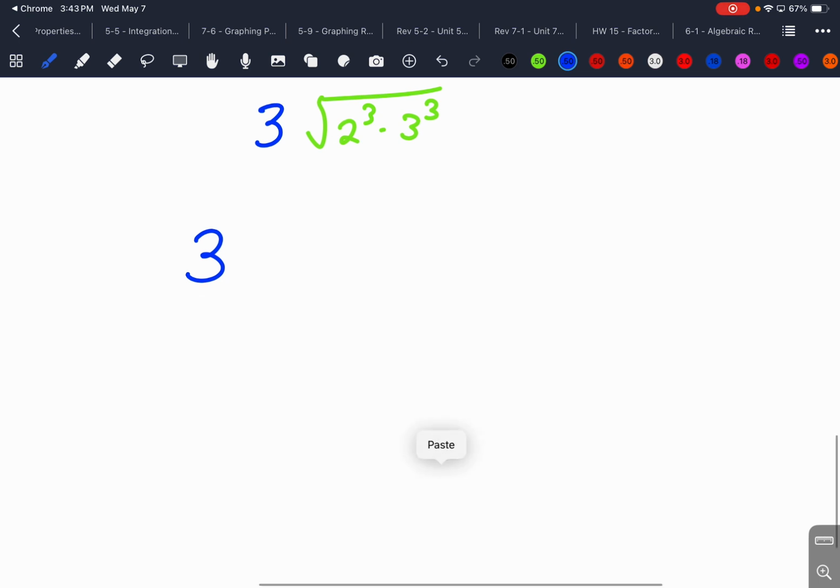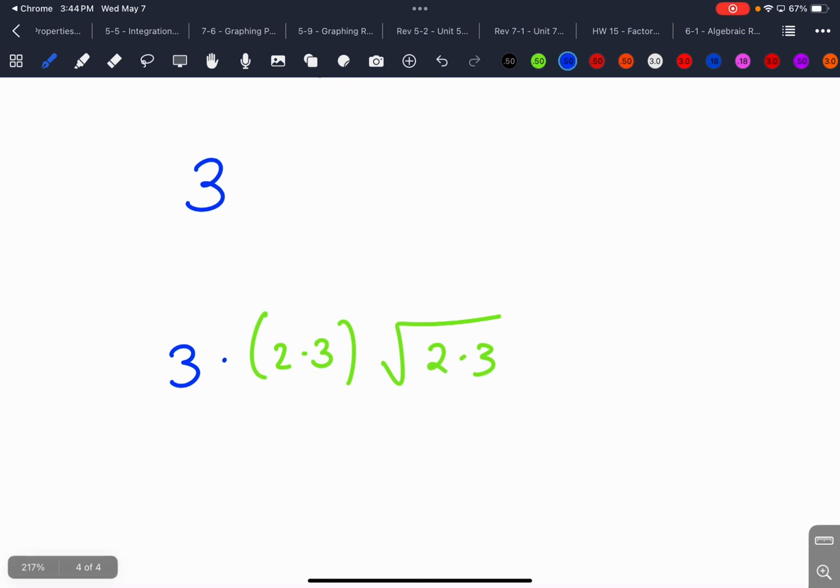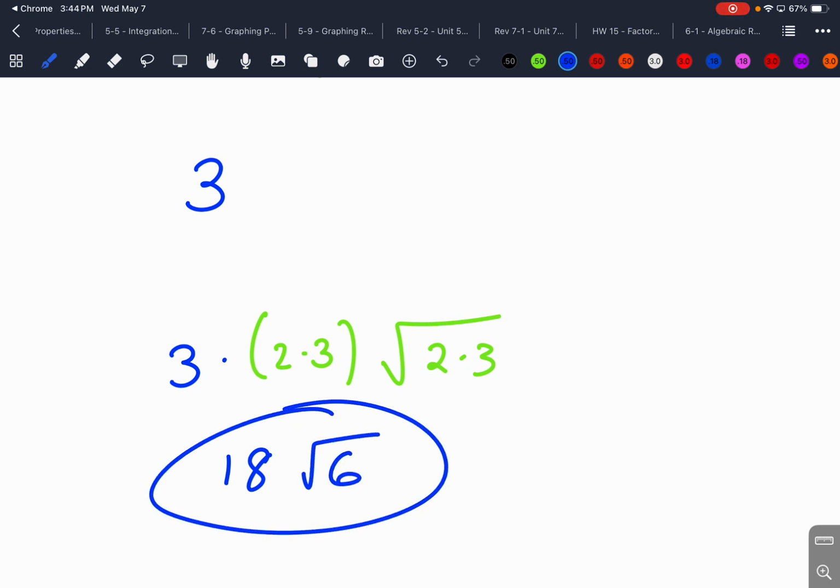So that's going to be 3 times, out of here we're going to get a 2 and a 3, and inside we're going to have a 2 times 3, right? So basically you solve it normally and just leave the 3. Right, and these come out, a pair comes out of the square root. So 2 times 3 times 3, this final answer is going to be 18 root 6.